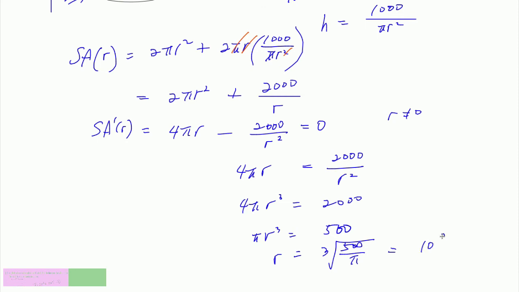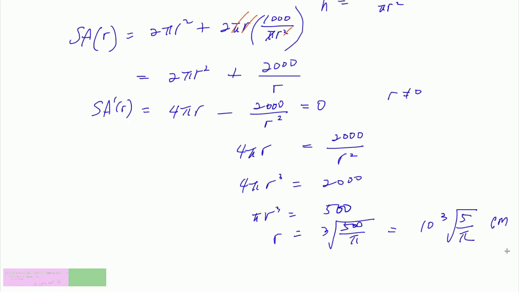That's 10 times the cubic root of 5 over pi. Okay, so when r is that length, in centimeters, we will have minimum surface area.